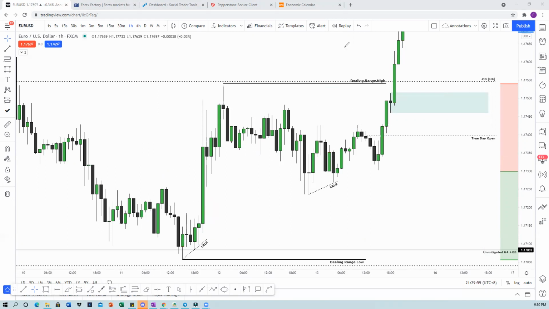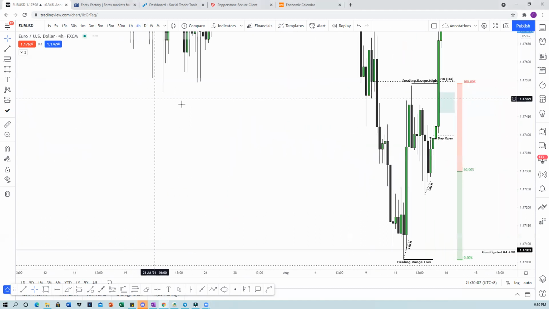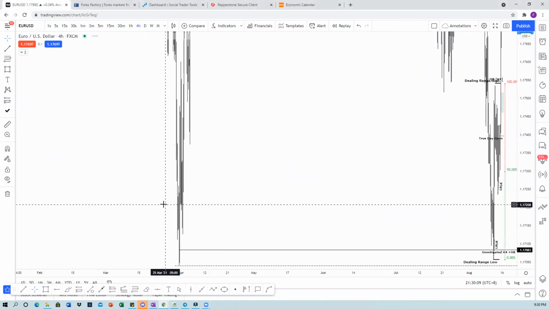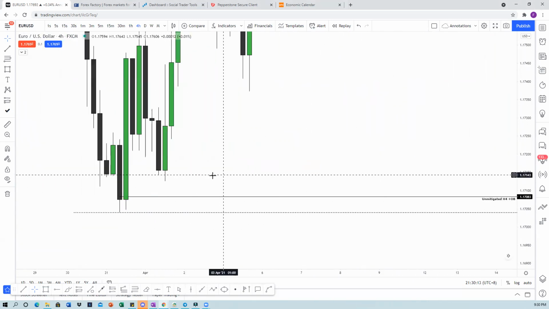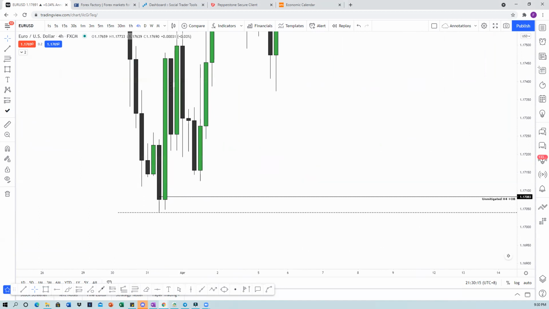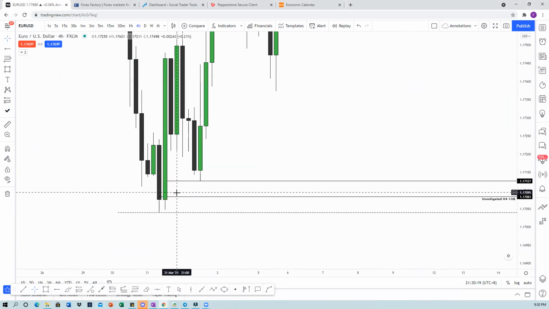Right, so can you explain the unmitigated OB and the ones? Okay, let me show you. From here to here.